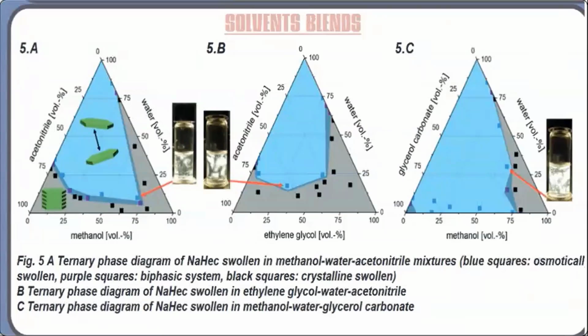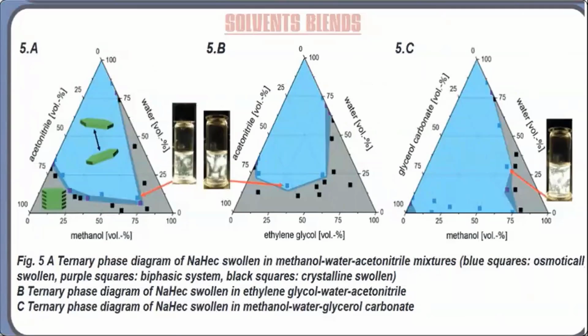We have found that the mixtures of acetonitrile, water, methanol; acetonitrile, water, ethylene glycol; and glycerol carbonate, water, acetonitrile allow us to reduce the water content to a few percent. It allows blending with polymers which were previously not soluble in pure water, so it expanded the range of accessible parameters.